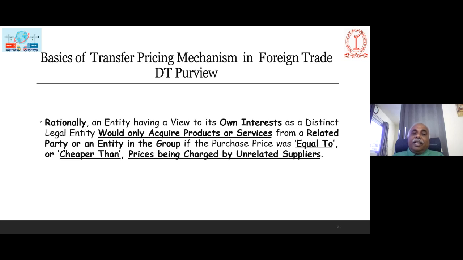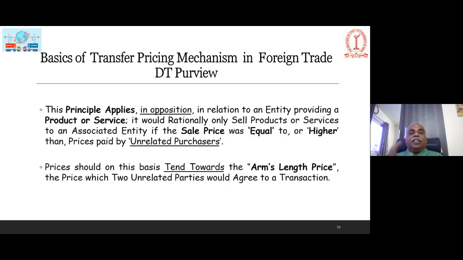Rationally, an entity with a view to its own interest, distinct from the legal entity, would acquire products from or sell to a related party at a price equal to or cheaper than the price charged to unrelated parties. Today that is happening. Unrelated party, one price; related party, less or equal. So that is a contravention.